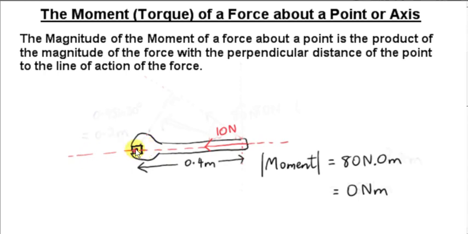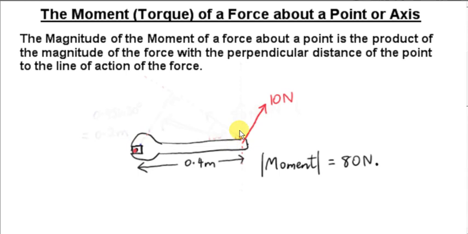So the perpendicular distance of this point to the line of action is 0. So we end up getting an answer of 0 Newton meters. The same is true, of course, if the 10 Newton force is pointing in this direction. We know from experience, of course, that if we were to pull on the handle of the wrench, it will give no turning effect to the nut.